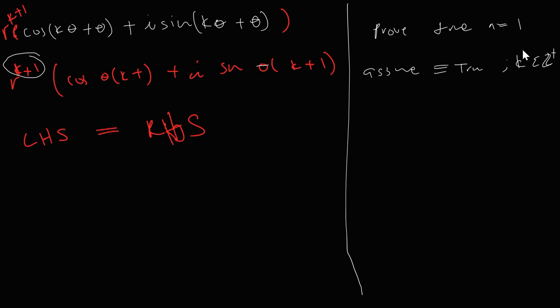After that we proved that it was true for k plus 1, which we did. So we can now conclude that the statement, or the theorem, is true by mathematical induction. So we used mathematical induction to prove De Moivre's theorem.